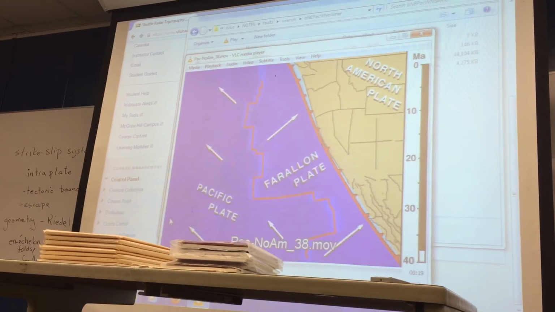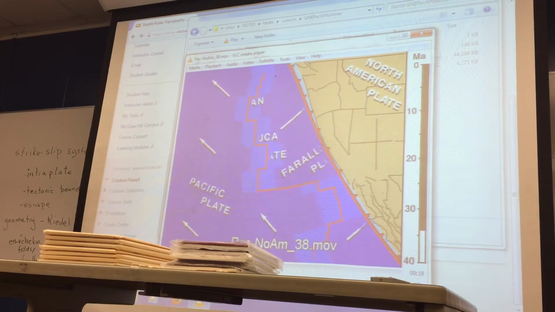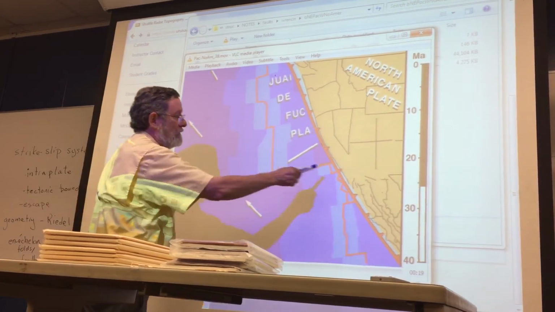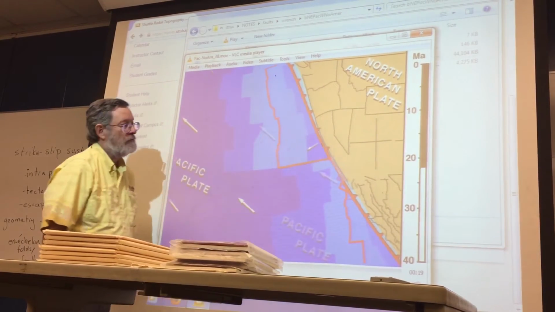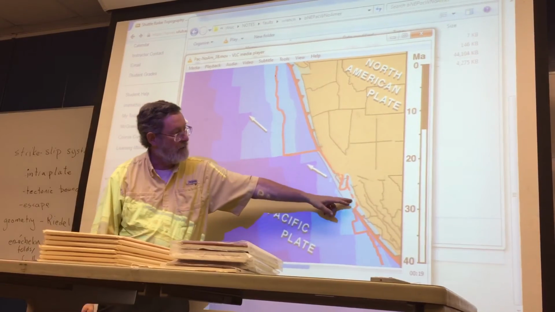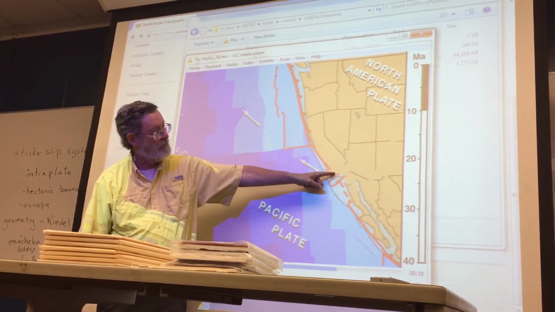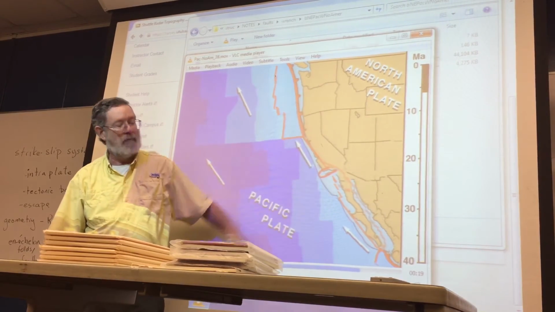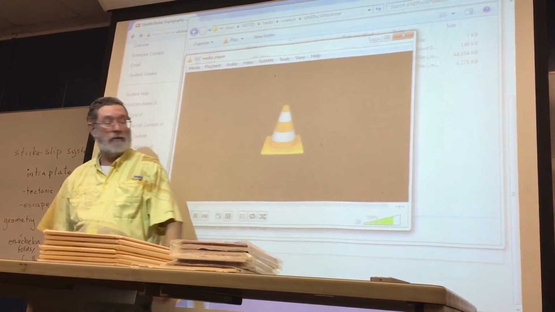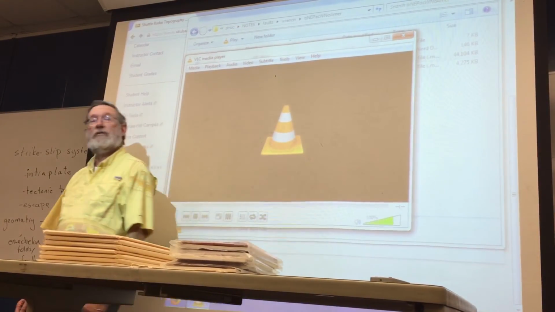The Pacific Rise is right there. The red line? This right here, this is the Pacific Rise. So here's the collision. Now we start forming Gulf of California, transverse range, and we're going to move northward. And this one is also the escape? No, no. It's not. This is the transform system.